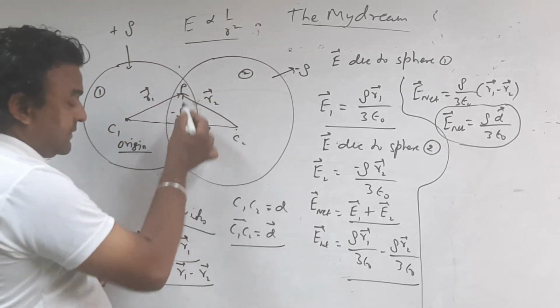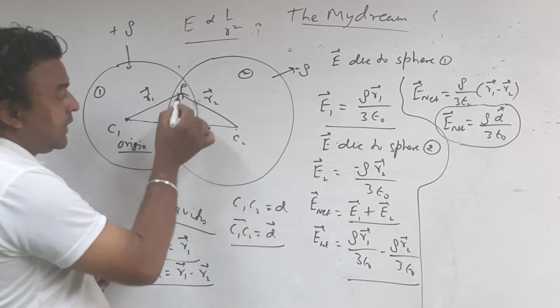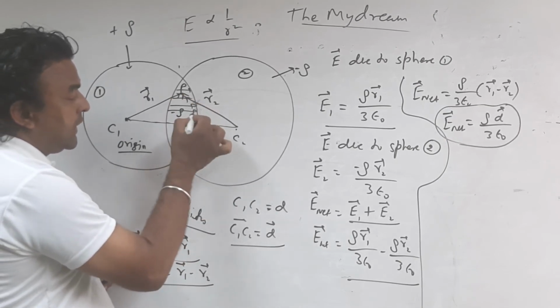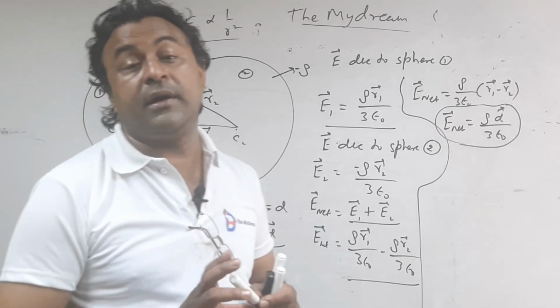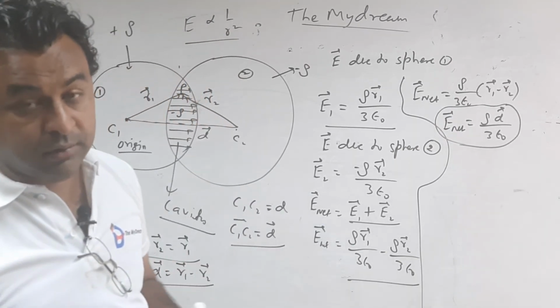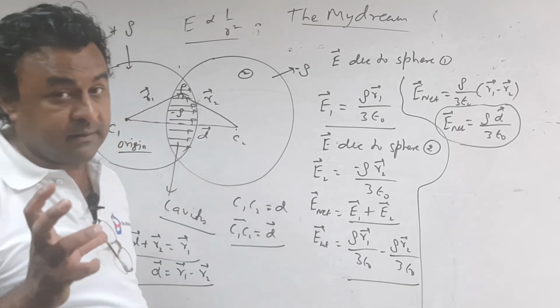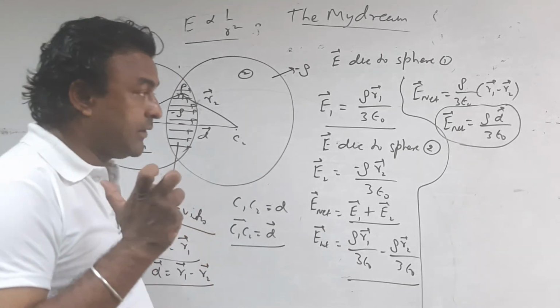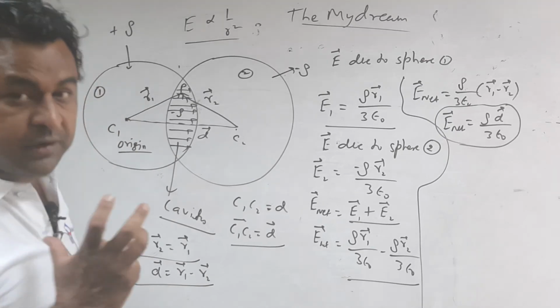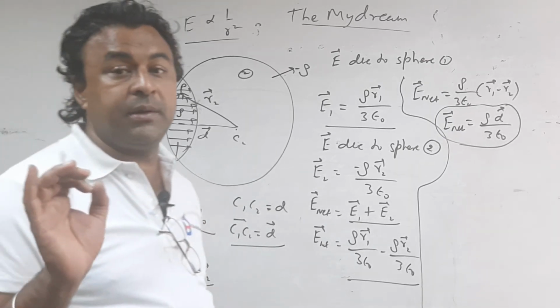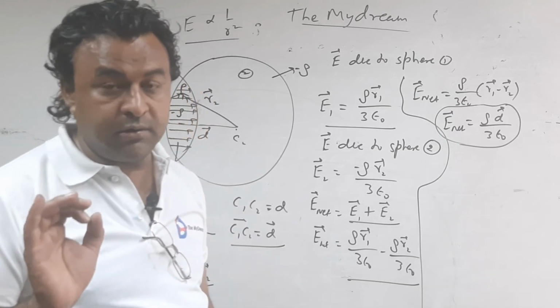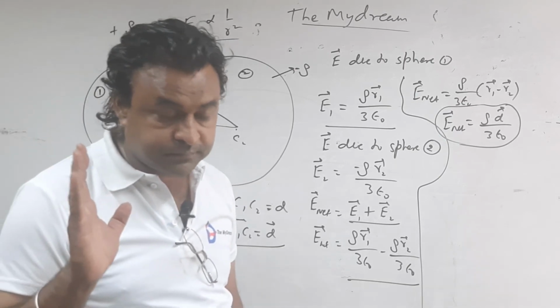But as this formula shows, at each point here the electric lines of force will be like this. This is a very fantastic way to find in real sense a uniform electric field space, just by forming a cavity. Inside that cavity the electric field will be uniform in magnitude as well as in direction.